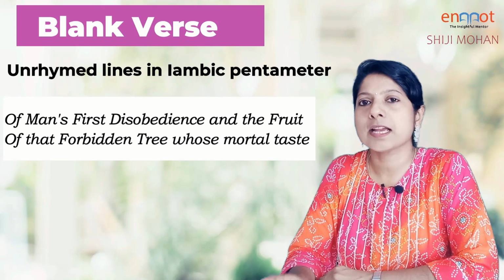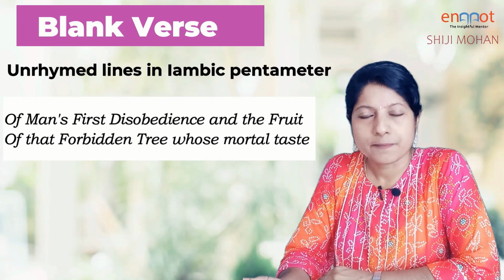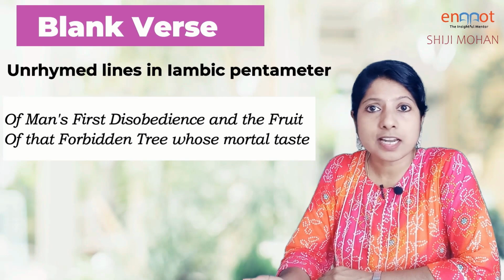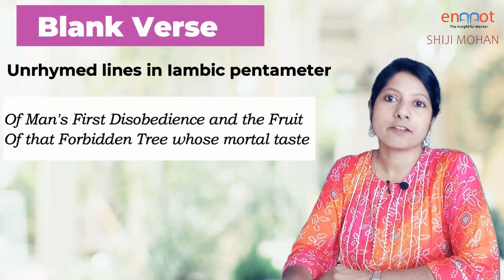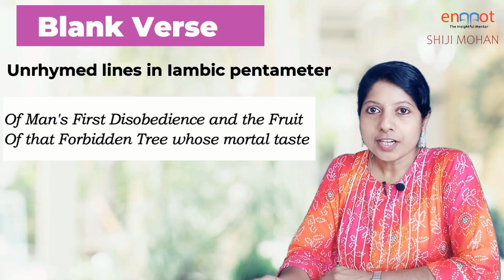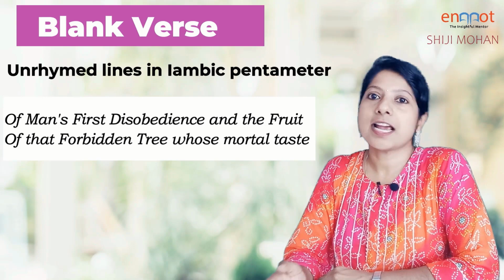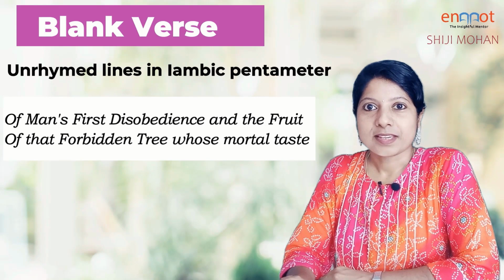But blank verse can be composed in other meters as well, like trochaic meter, and it can have any number of syllables or any number of feet, but iamb is generally the predominant foot. So here blank verse means unrhymed lines in iambic pentameter.